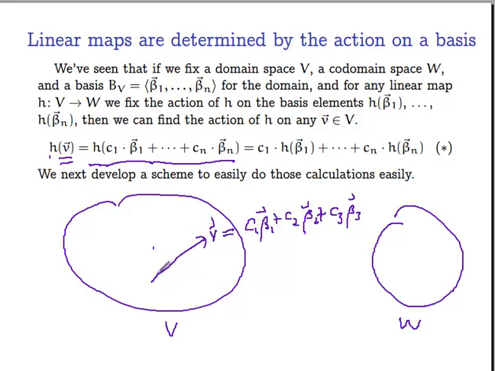So whatever linear combination I do over here to get V, I'll do the same linear combination over here with H of the basis vectors to get H of V.